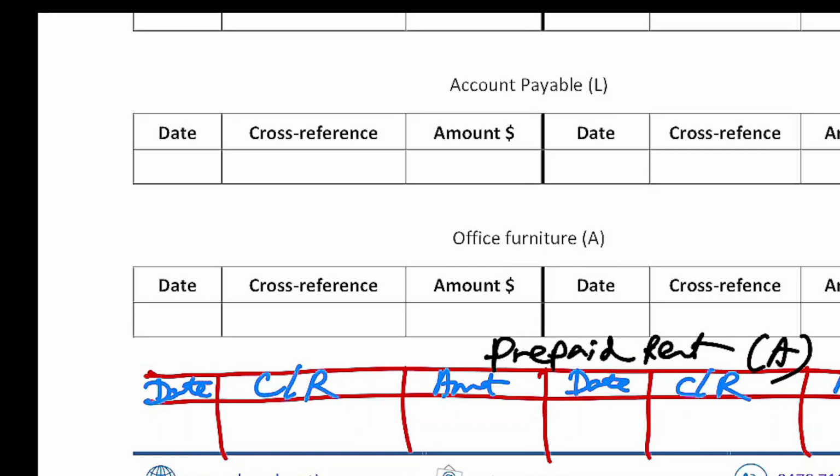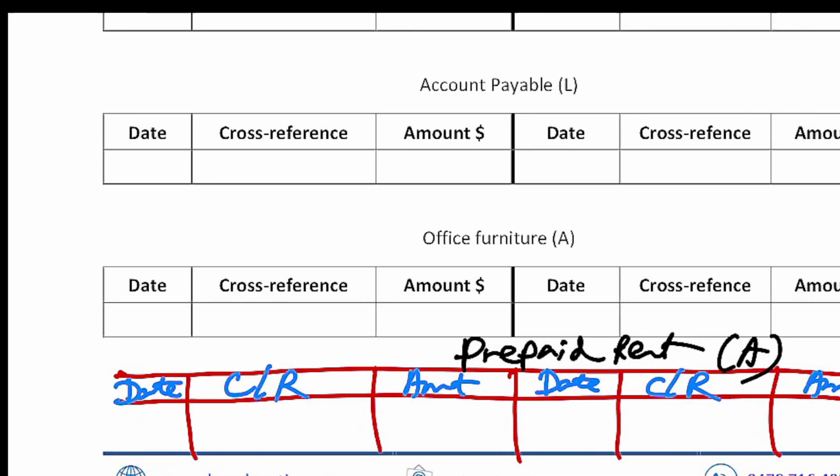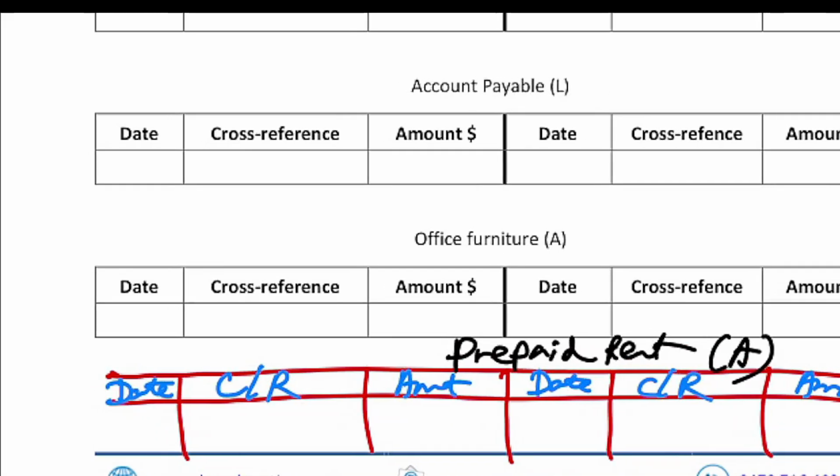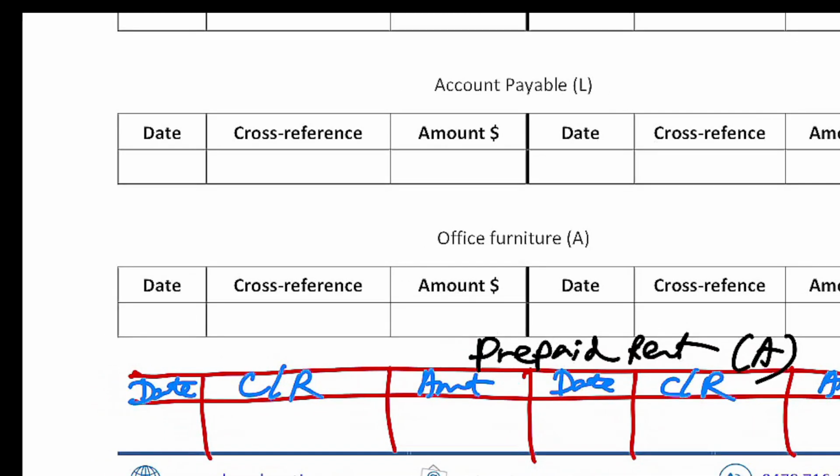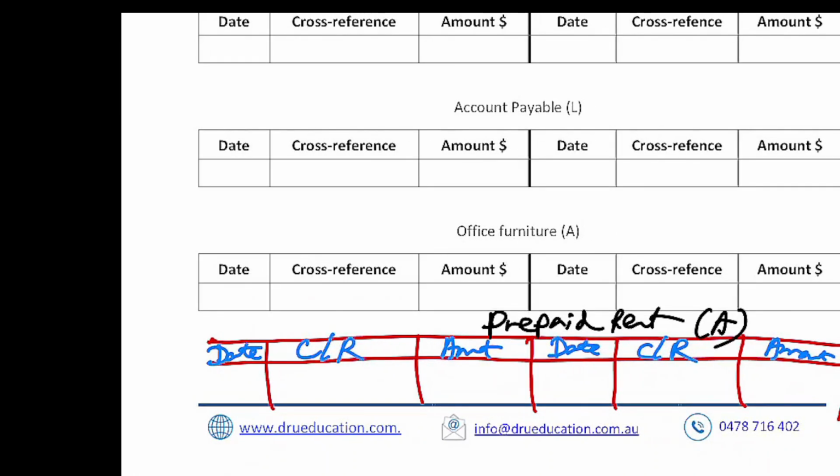Firstly, what do you do with the prepaid rent? You debit or credit? Debit. Yes, we debit, which means the left hand side.